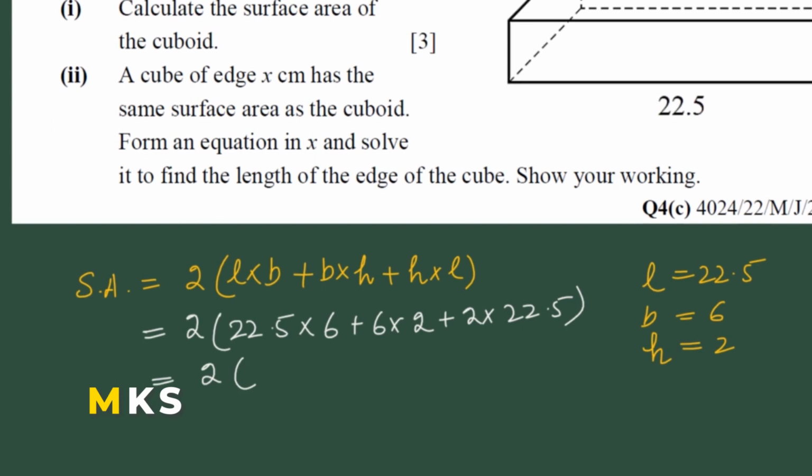This is paper 2, you can use the calculator. So 22.5 multiplied by 6 gives us 135 plus 6 times 2 is 12 plus 2 times 22.5 is 45. 135 plus 12 plus 45 gives us 192, which if we multiply by 2, means taking twice, will give us 384.